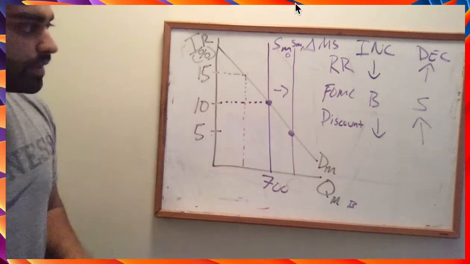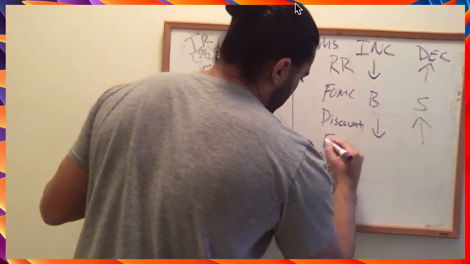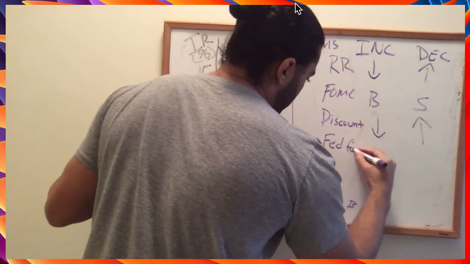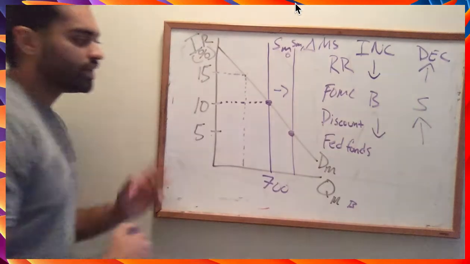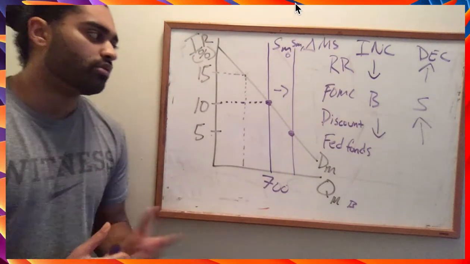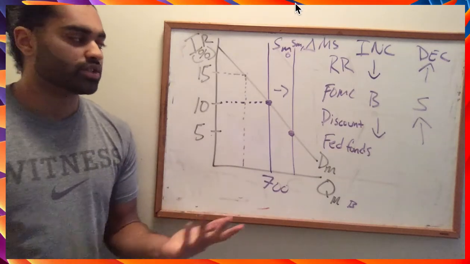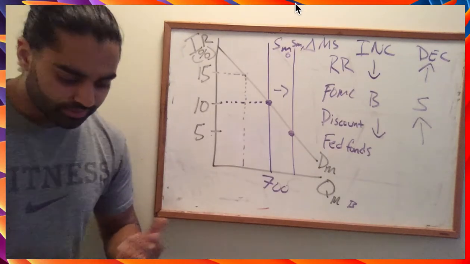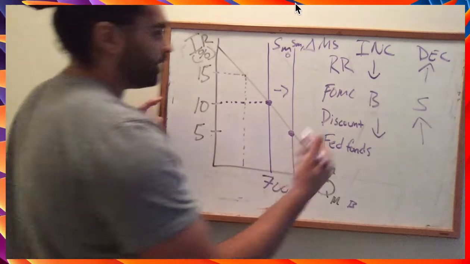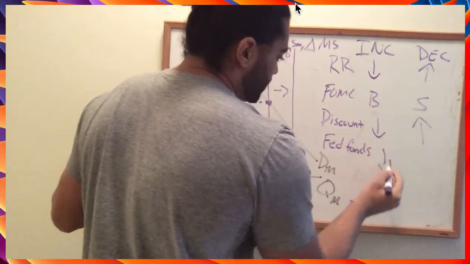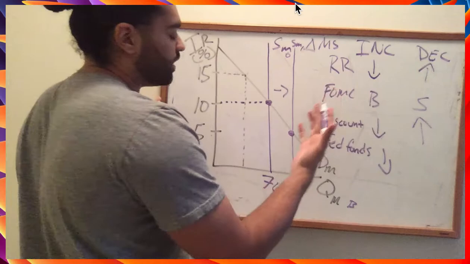Okay, the last one is the Fed funds rate. This is the interest rate that banks charge each other to borrow money. So in this case, do I want to encourage borrowing or do I want to discourage borrowing? If I want to encourage borrowing, I'm going to decrease the interest rate, and that's going to encourage borrowing money.